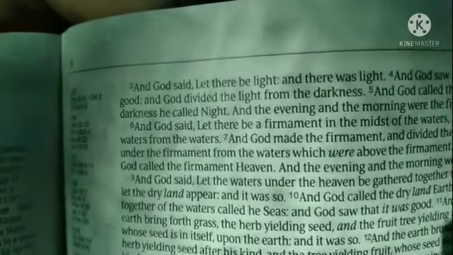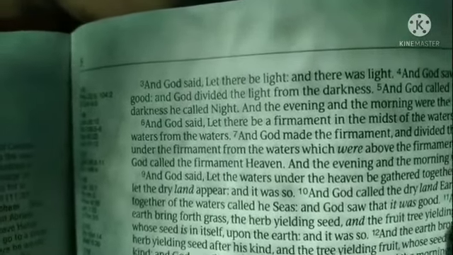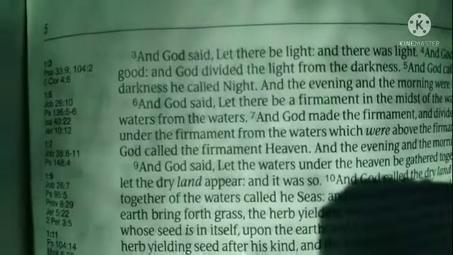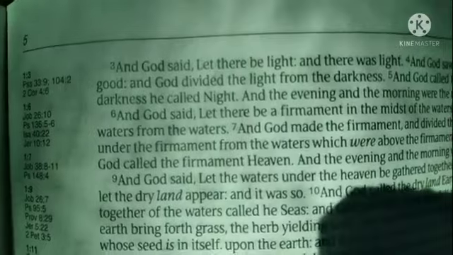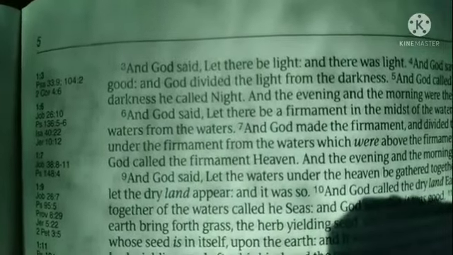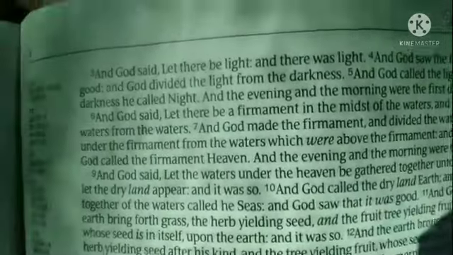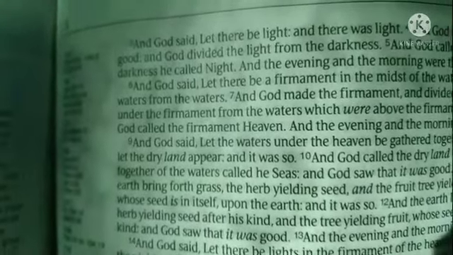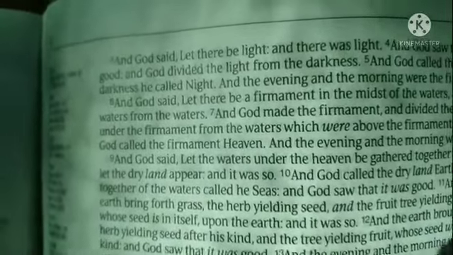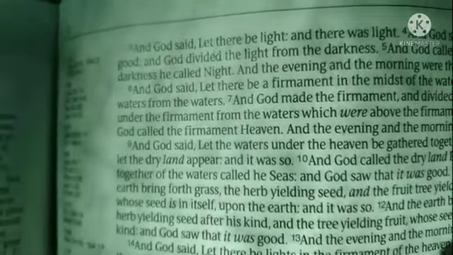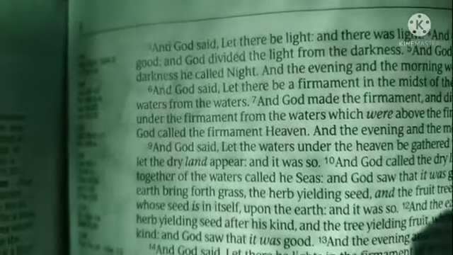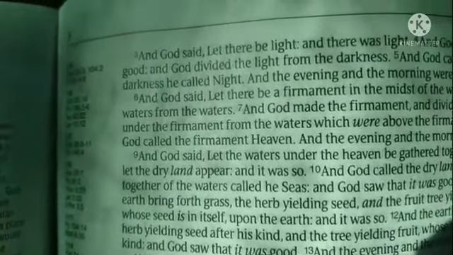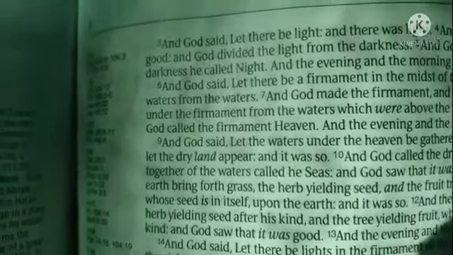And we can go into that another time. That's off topic. And God said, let there be a firmament. So he said it again, and God made the firmament and divided the waters which were under the firmament from the waters which were above the firmament. And it was so, and God called the firmament heaven. So he called it again. And the evening and the morning were the second day.